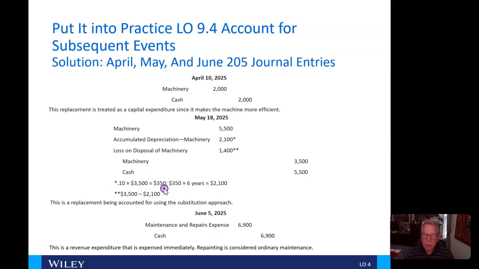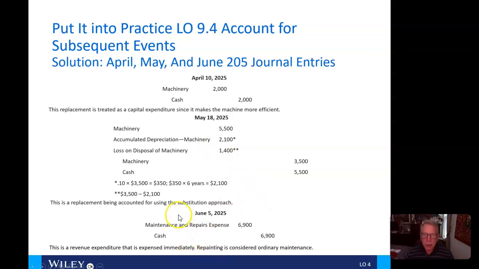So that's $350 per period, and $350 times 6 years, $2,100. We're going to put the new machine in. I should say, we're going to take the old machine out, for $3,500 and pay an additional $5,500 in cash. And that means we had a $1,400 loss on the disposal of that machinery.